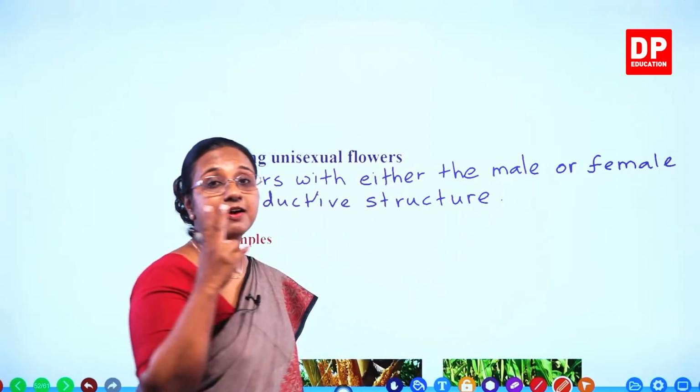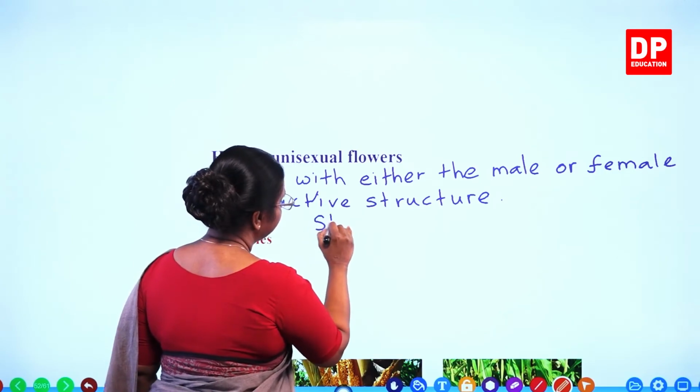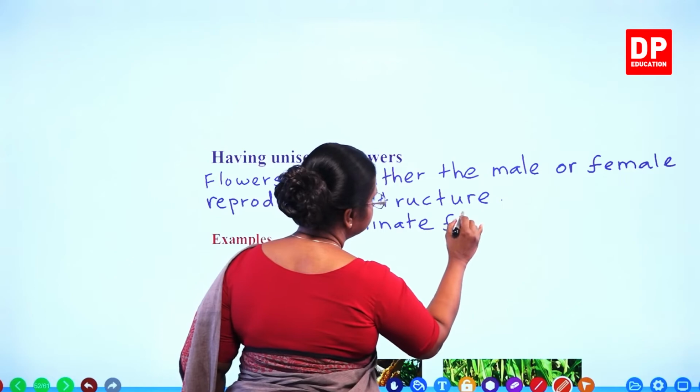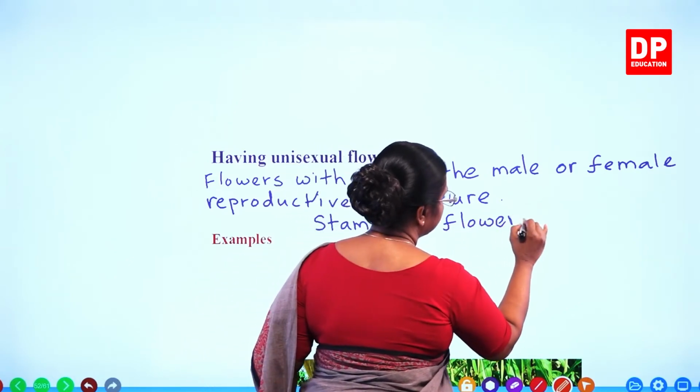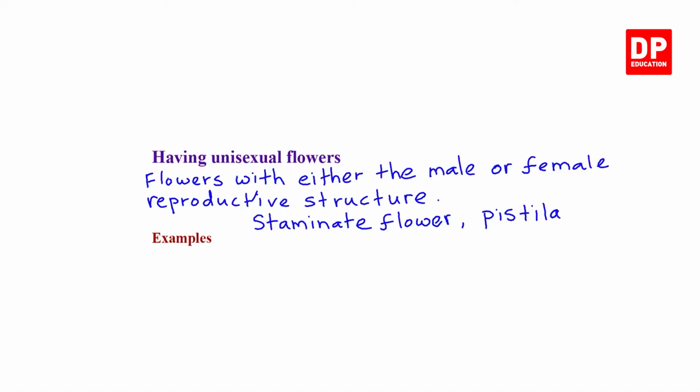So that means there will be two types of flowers. What are they? The staminate flower and the pistillate flower.